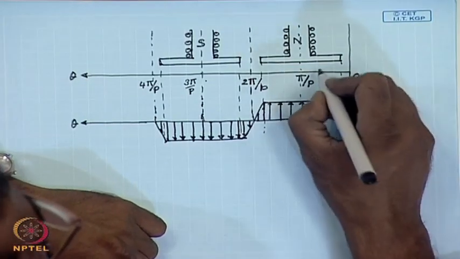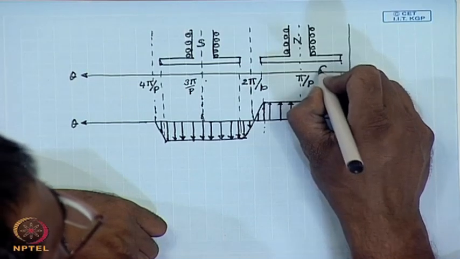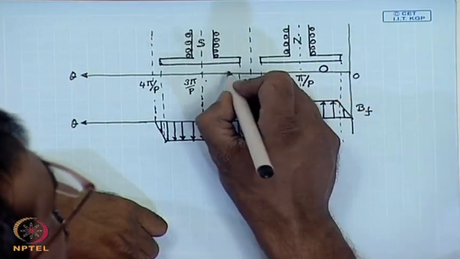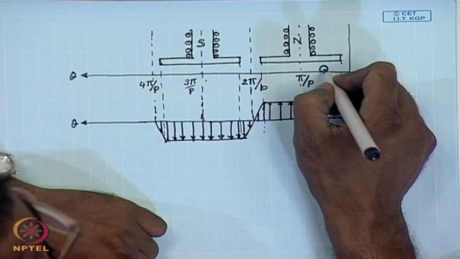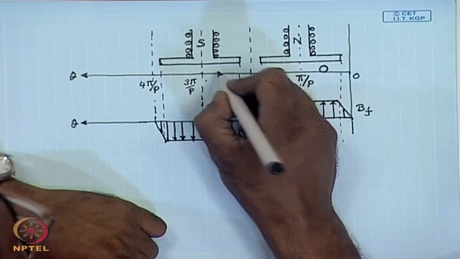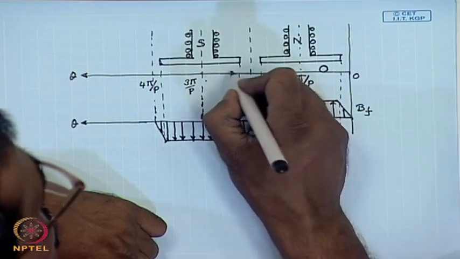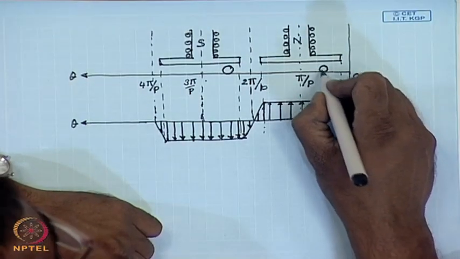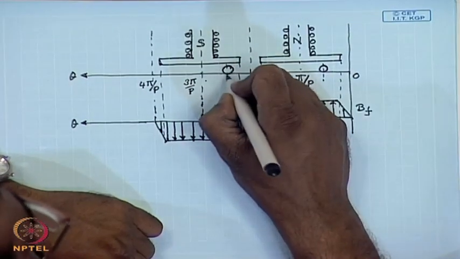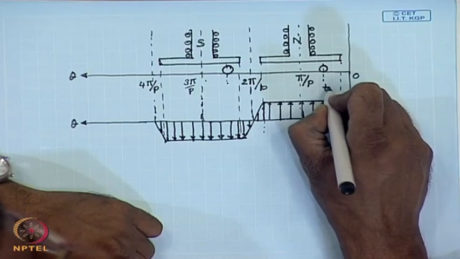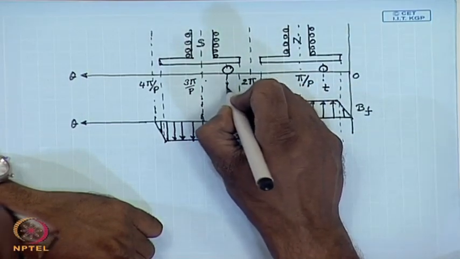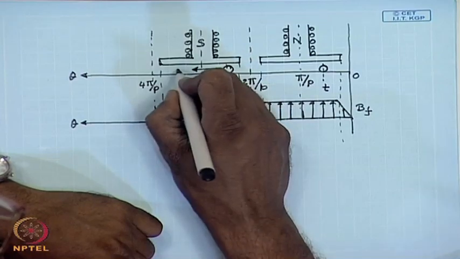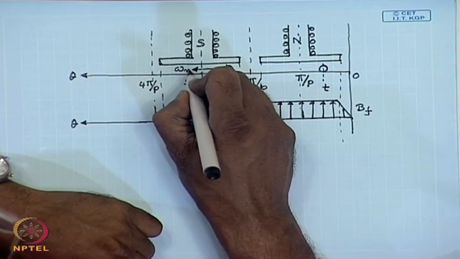Now, consider at any time a full pitch coil on the armature. By that we mean that if one end of that coil is under the north pole, the other end will be under the south pole. Let this be the position of the coil at time t, and let the armature along with this coil be moving in this direction with an angular velocity of omega m.